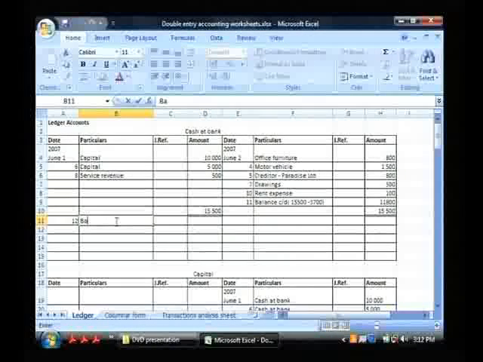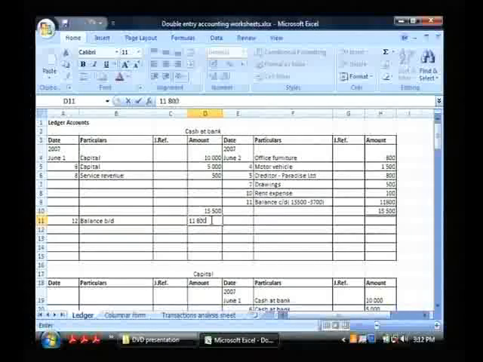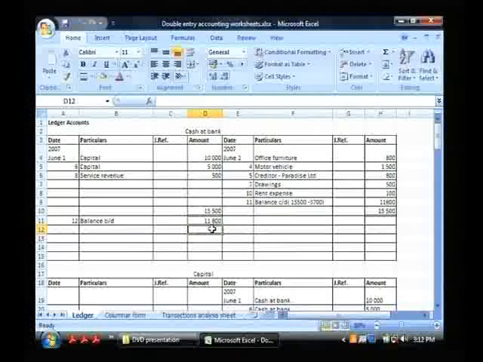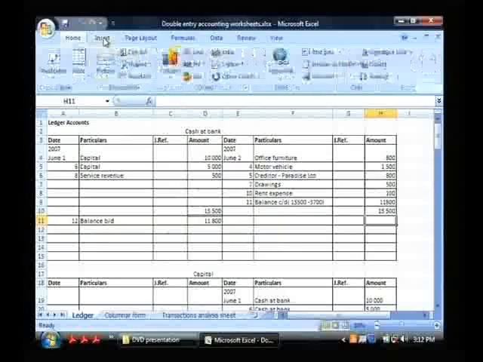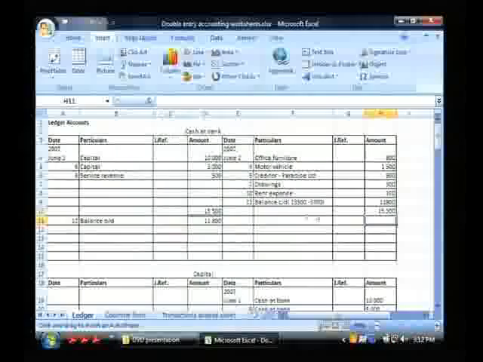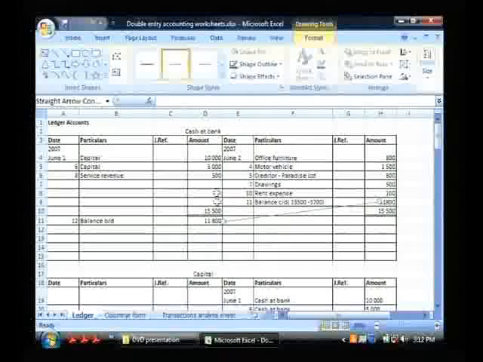So here we write balance BD. BD means balance brought down. Same amount, 11,800. So then transactions on 12th will be recorded here after the total. So this amount is brought down.